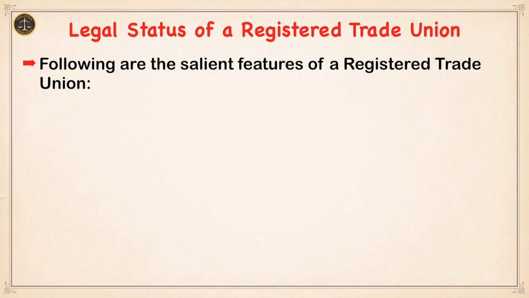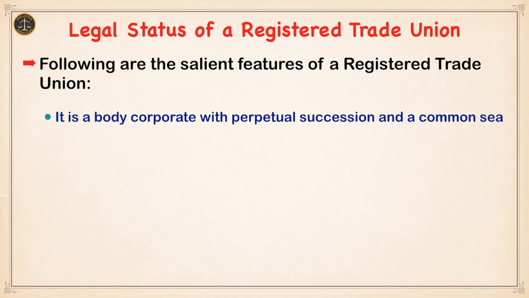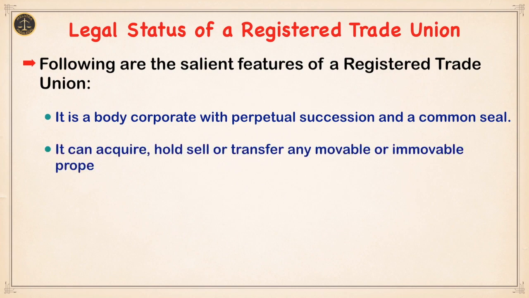Next, the legal status of a registered trade union. Following are the salient features of a registered trade union. It is a body corporate with perpetual succession and a common seal. It can acquire, hold, sell, or transfer any movable or immovable property and can be a party to contracts.